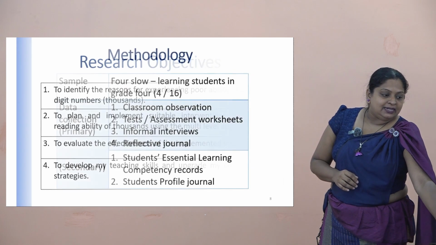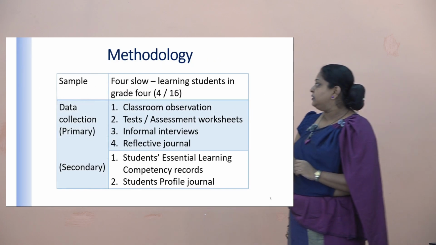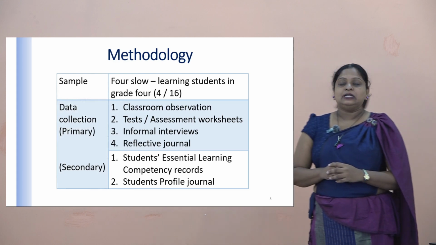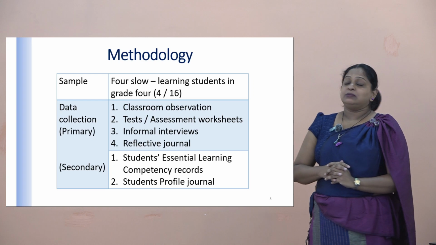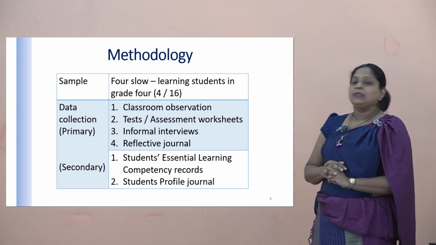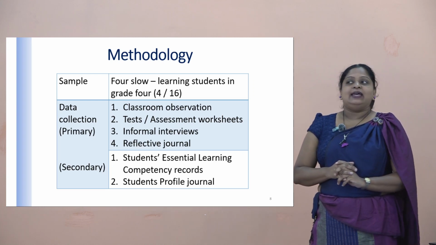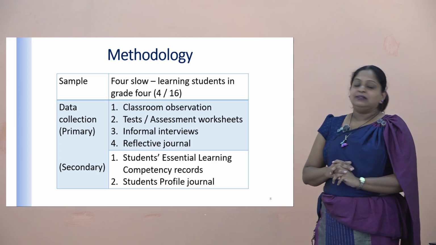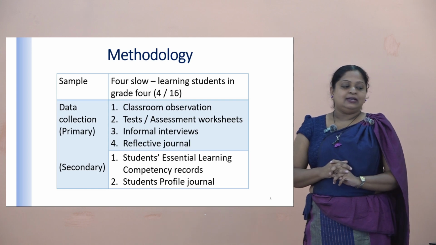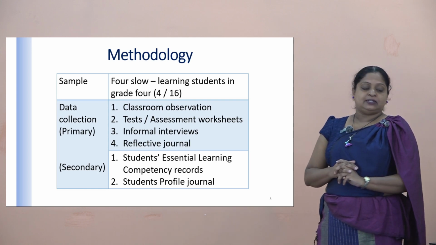So accordingly, I developed the methodology as follows. The sample basically included 4 students, those who were slow learning students out of 16 students, and the data collection methods were primarily classroom observation, test, informal interviews and the reflective journal.